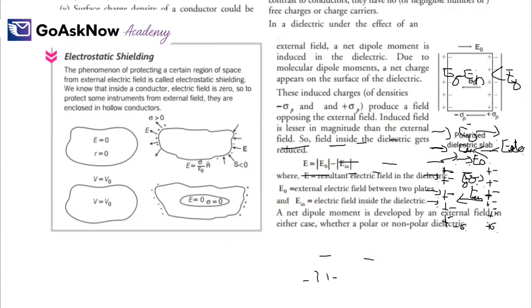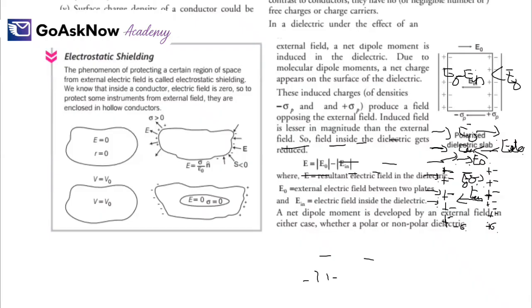So here E naught is the external field between the plates, and E in we have already seen what it represents. And then a dipole moment is developed by the external field in either case, whether a polar or non-polar dielectric. So an internal field is developed inside the dielectric, whether it is polar or non-polar.